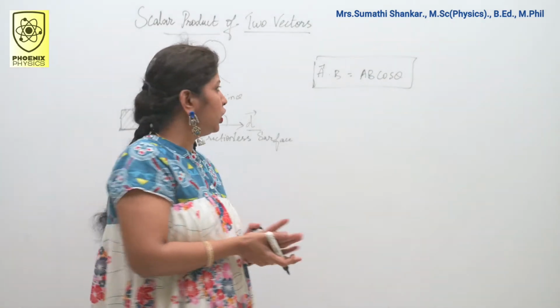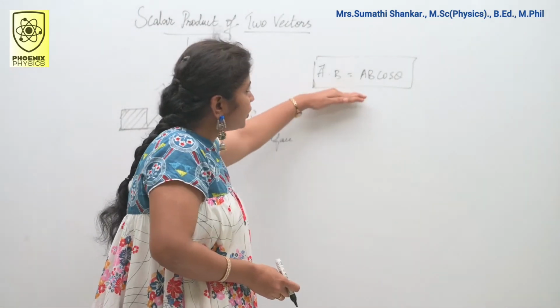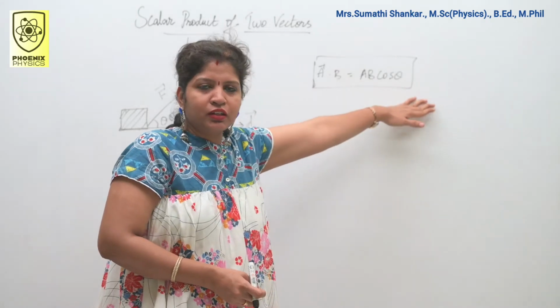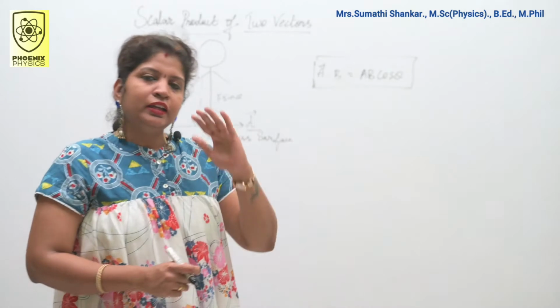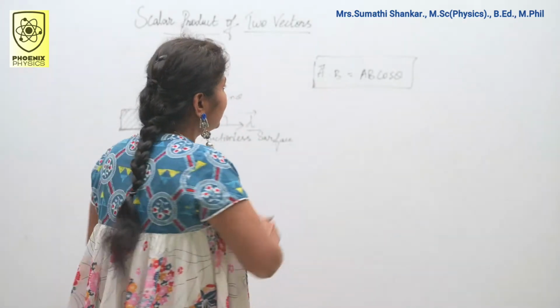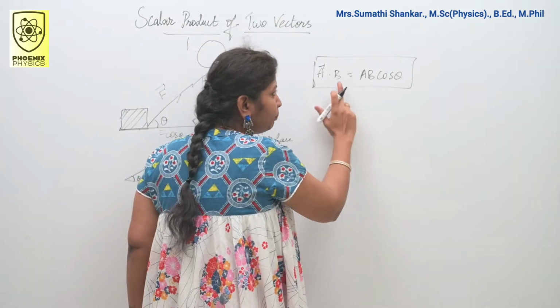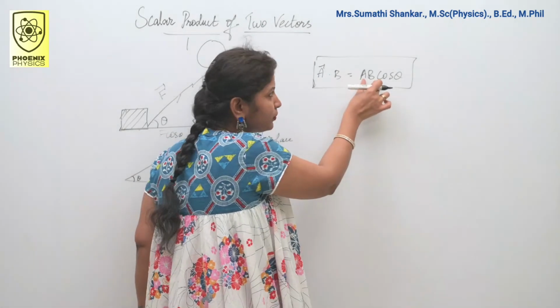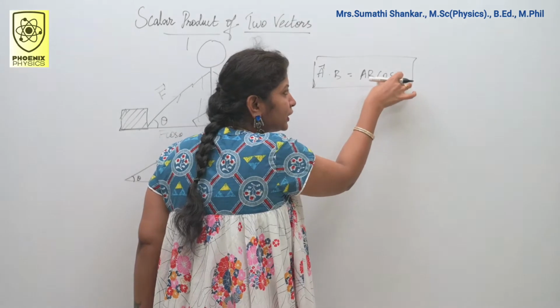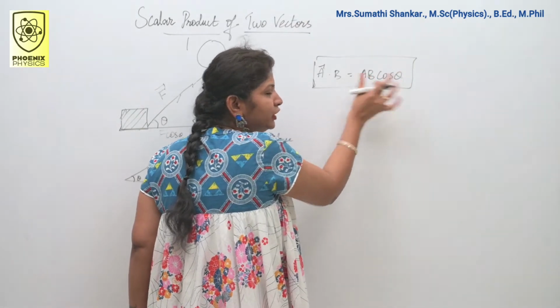Up to this clear? So A dot B is equal to AB cos theta. Then how do you define the scalar product? The scalar product is defined as the product of the magnitudes of both the vectors and the cosine of the angle between them.